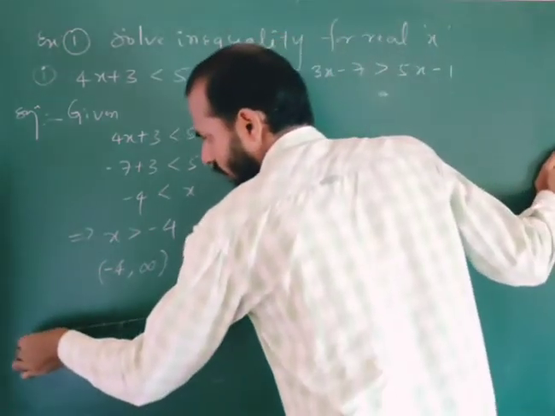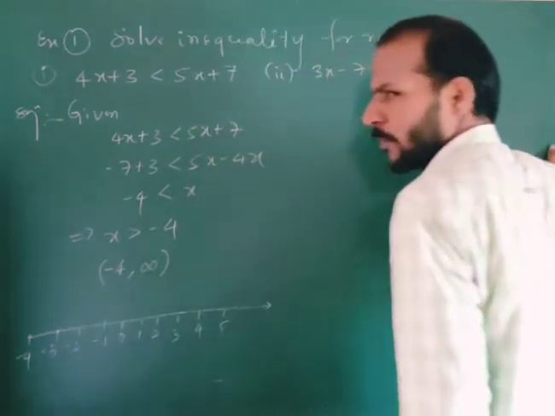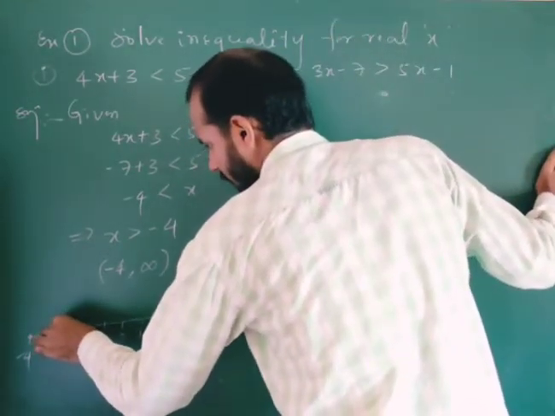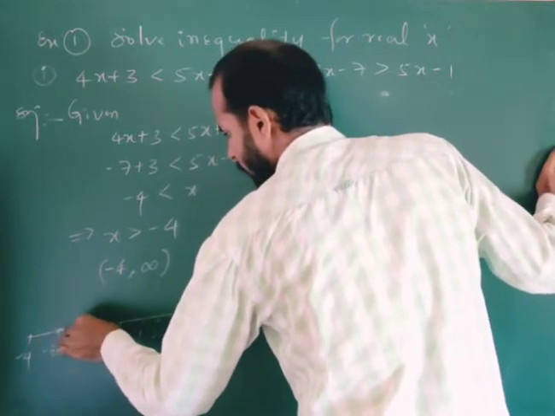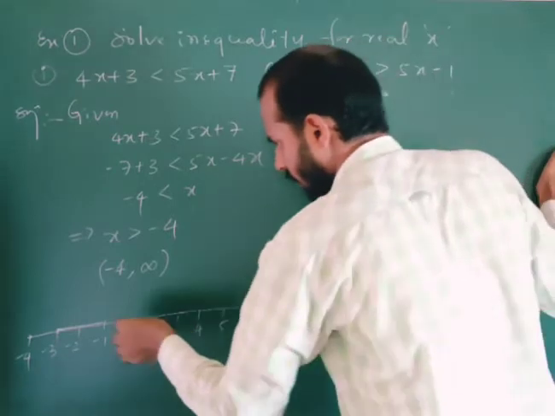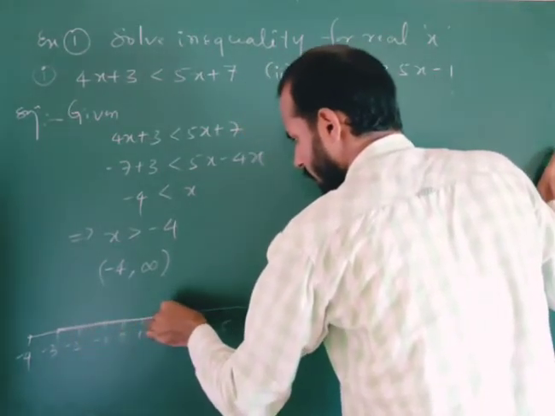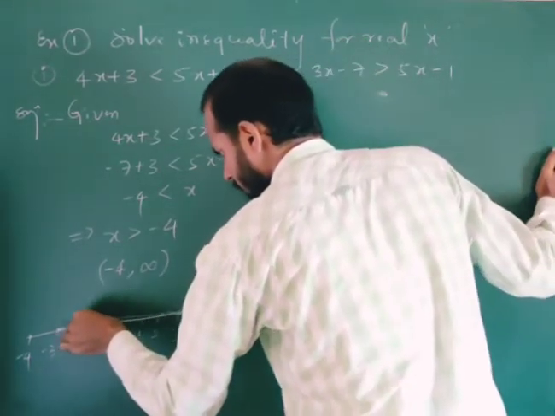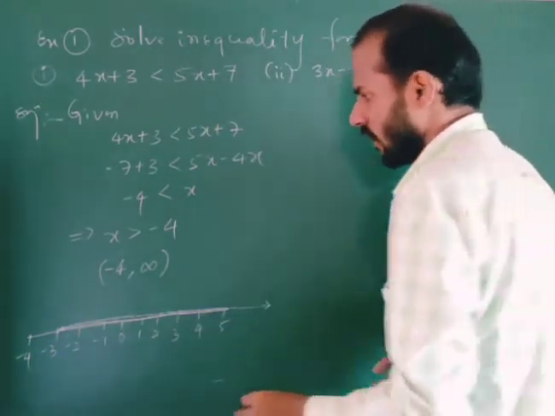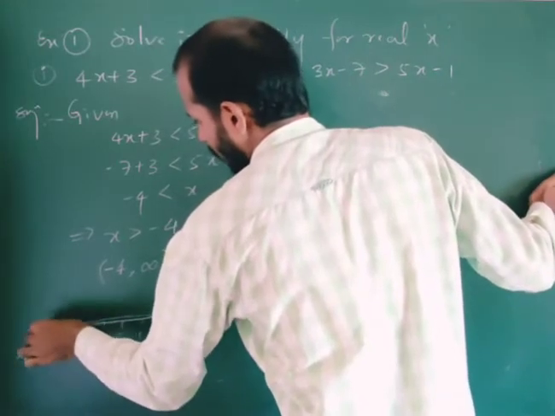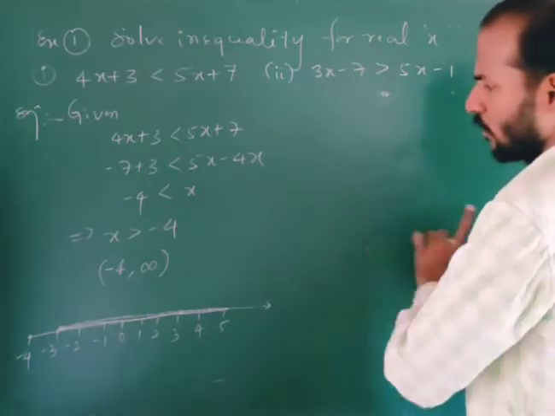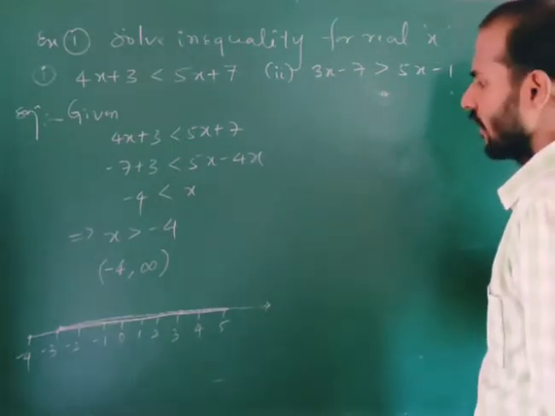Equal to minus 4 means we consider from point minus 4, but it is greater than minus 4. For that reason we consider from minus 3 onwards. I will shade this region from minus 3 onwards up to infinity, right? Up to infinity, which cannot take an end point here, right? From minus 3 up to positive infinity, right?